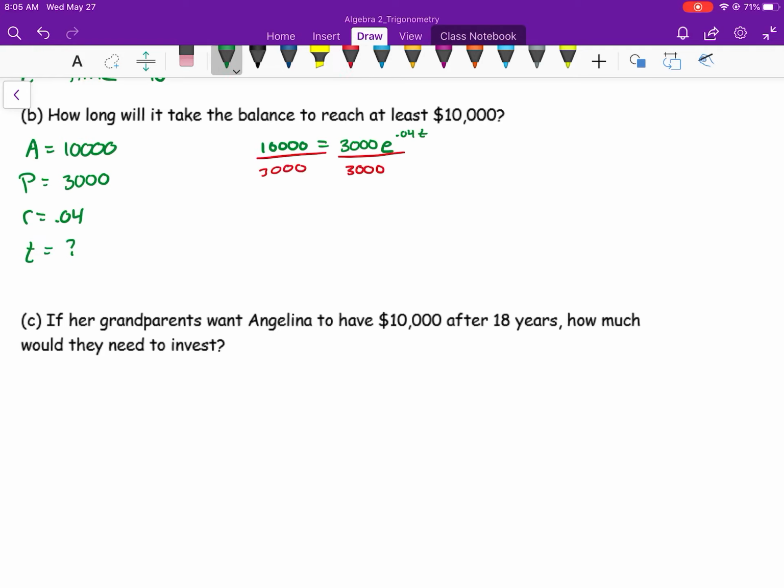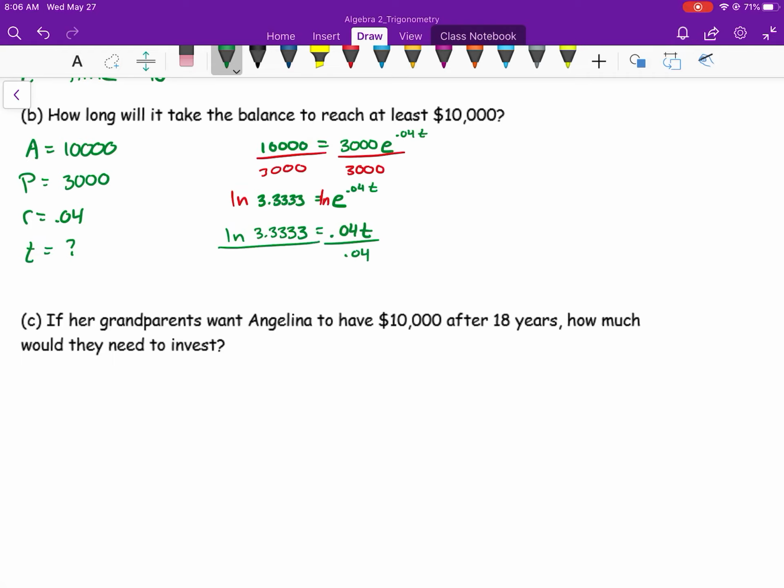So divide 3,000 from each side. This gives me 3.3333 because we're doing 4 decimal places, equals e to the 0.04t. Now again, we want to get rid of e, so we have to take the natural log of both sides. So the natural log of 3.3333. Remember, the natural log and e cancel out, so we're left with 0.04t.